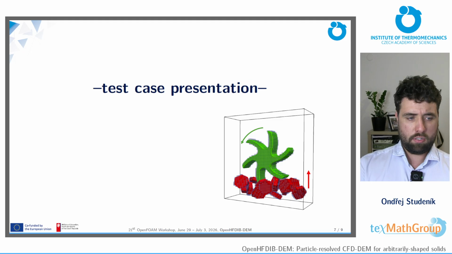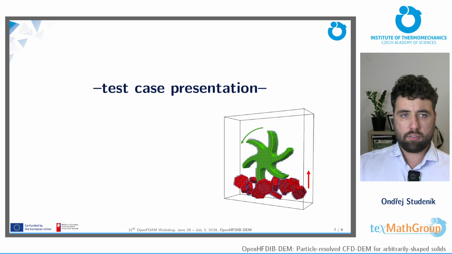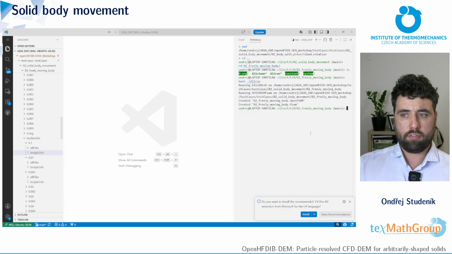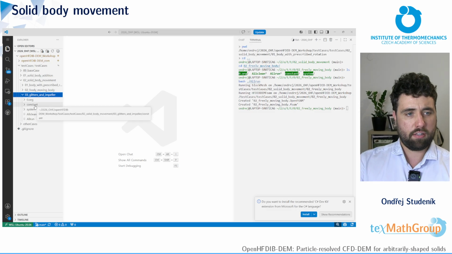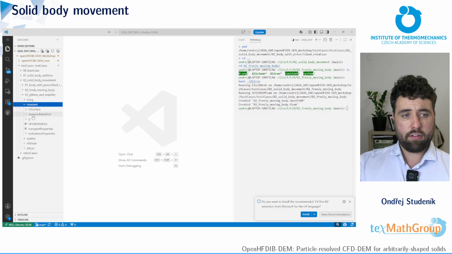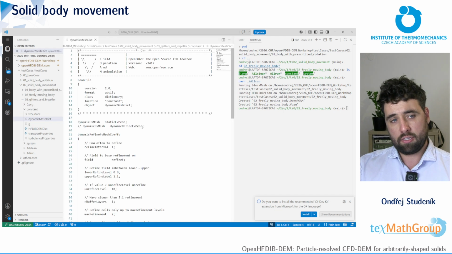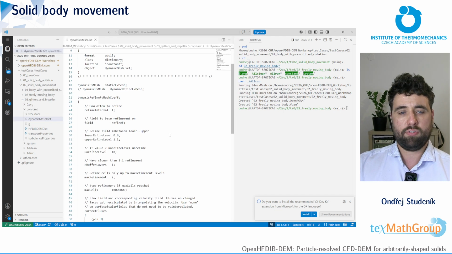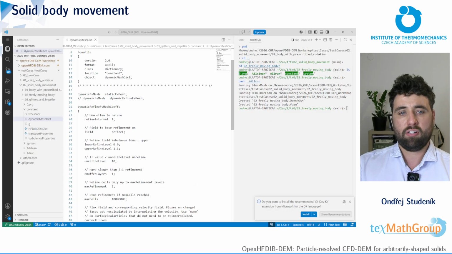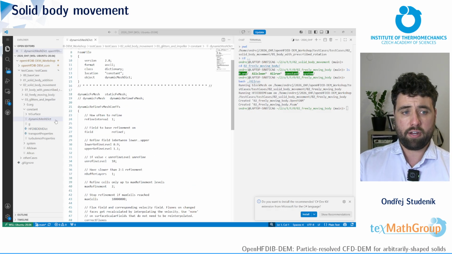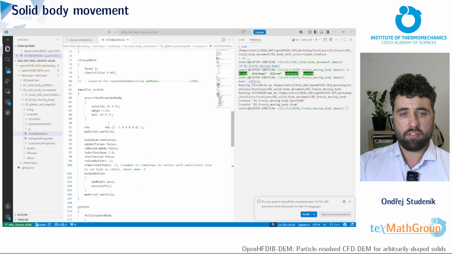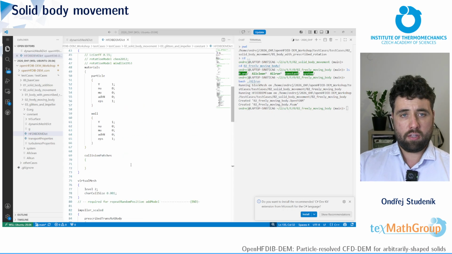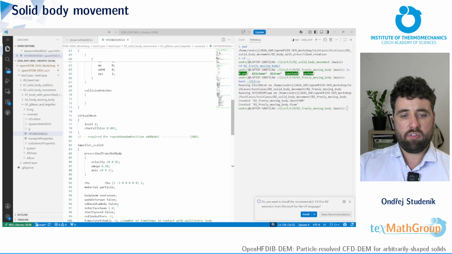Now we will go back to our editor, close the second case, and enter the third case. Compared to the last state of this tutorial, I've disabled dynamic mesh refinement since it's quite time consuming, and I've done so also in the HFDIB-DEM dict.